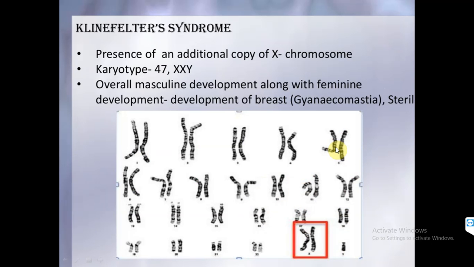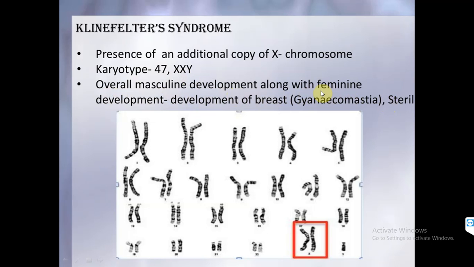Klinefelter syndrome is the presence of an additional copy of the X chromosome. So the karyotype now becomes XXY. So what is the original? XY in male and XX in female. Now it becomes XXY. So 46 is changed to 47. So there is overall masculine development along with feminine development, that is, development of the breast and some changes of male to female.